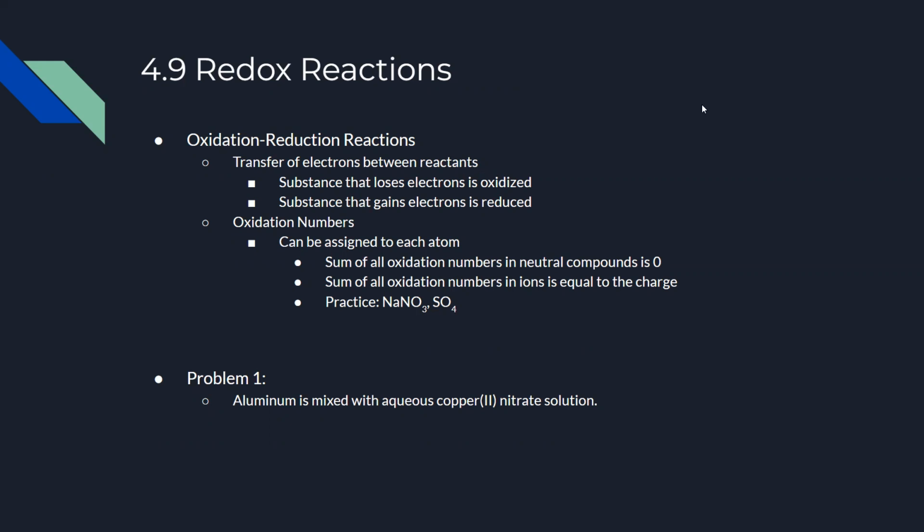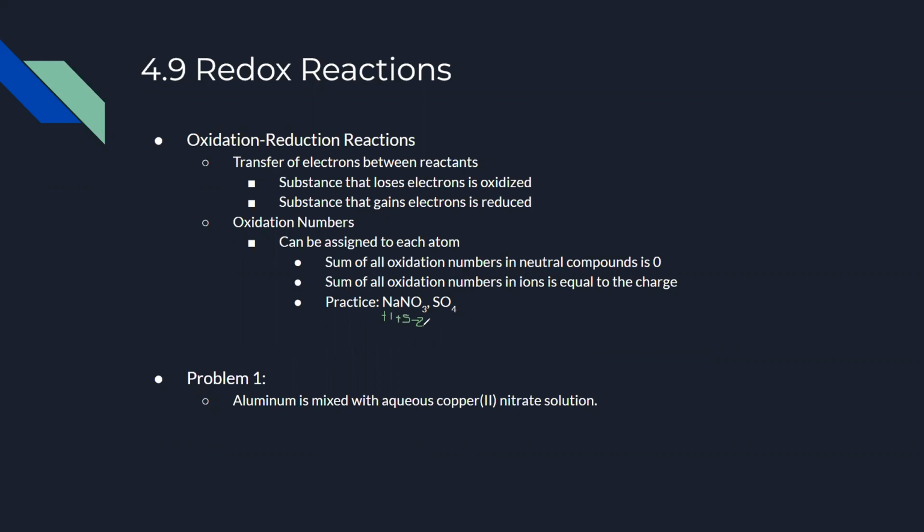So let's try practicing with oxidation numbers. We know NaNO3 is neutral, so it has to equal 0. Na has a +1 charge. Oxygen, when it's with a nonmetal, has a -2 charge, so -2 times 3 is -6, and nitrogen has a +5 charge.